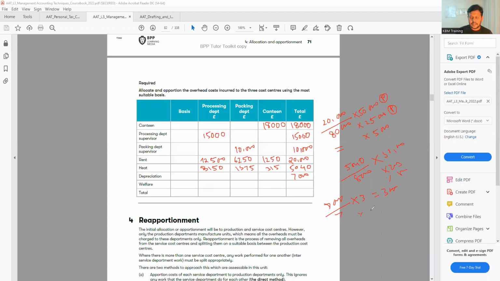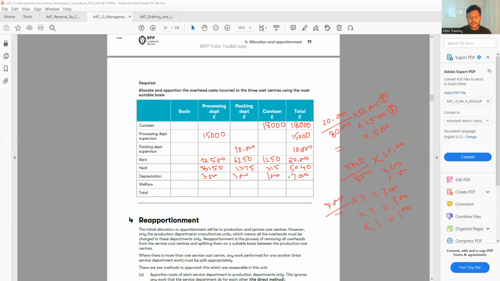Then times by 3 again, 3,000. And times by 1 is 1,000, isn't it? So that is 3,000, 3,000, and 1,000. So very simple.